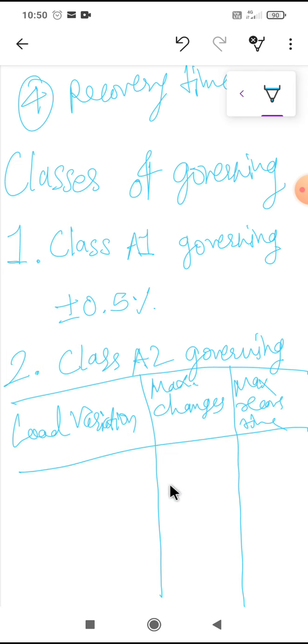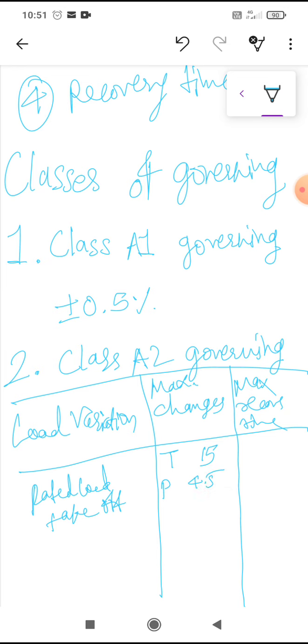On suddenly taking off the rated load, the maximum changes as a percentage of rated speed will be, in transient, 15, and for permanent, 4.5.